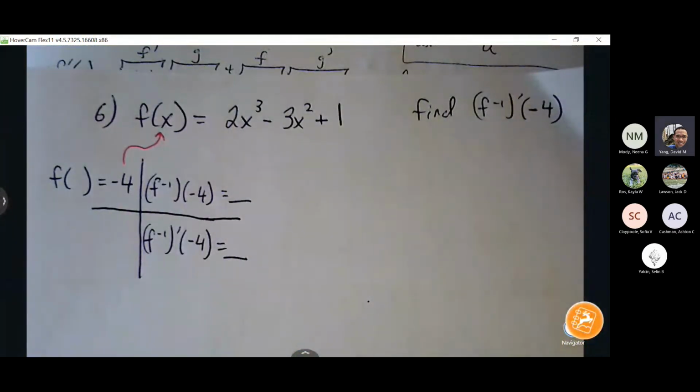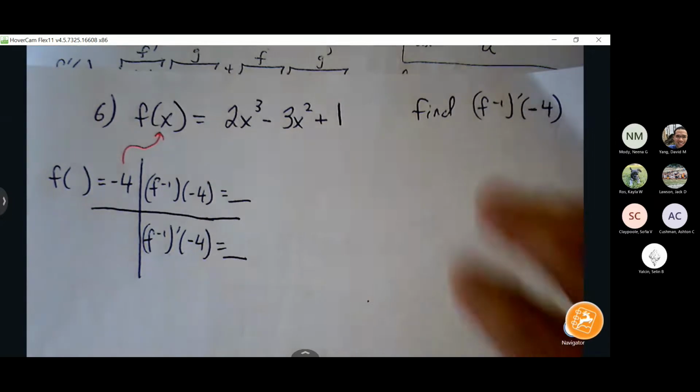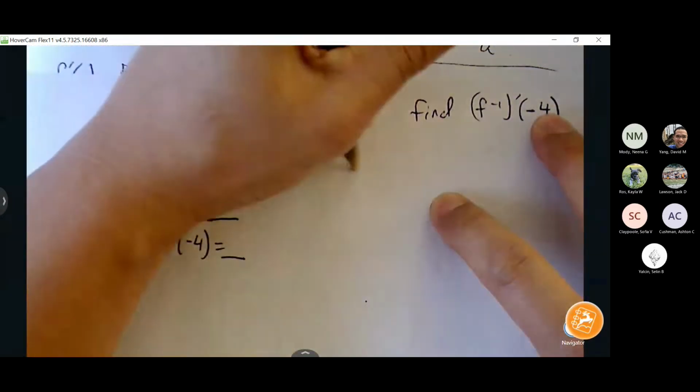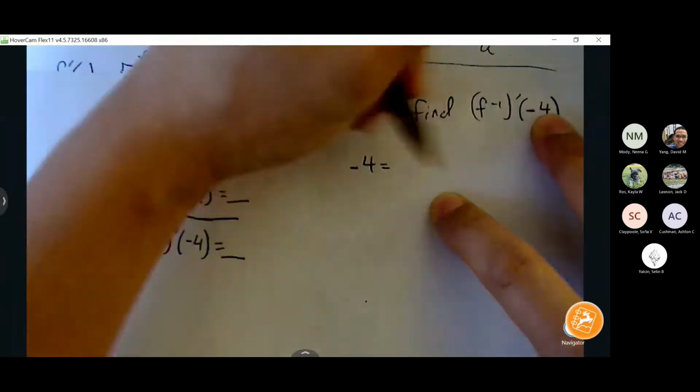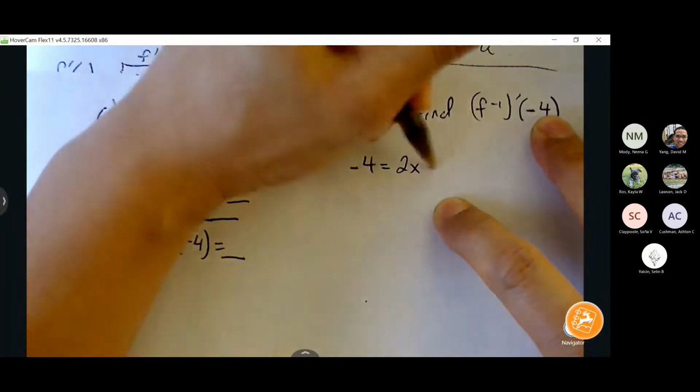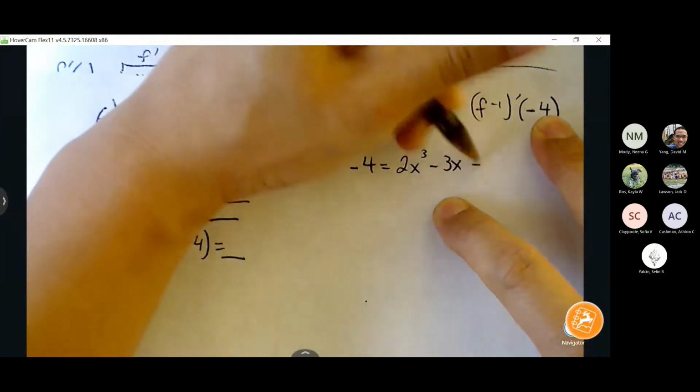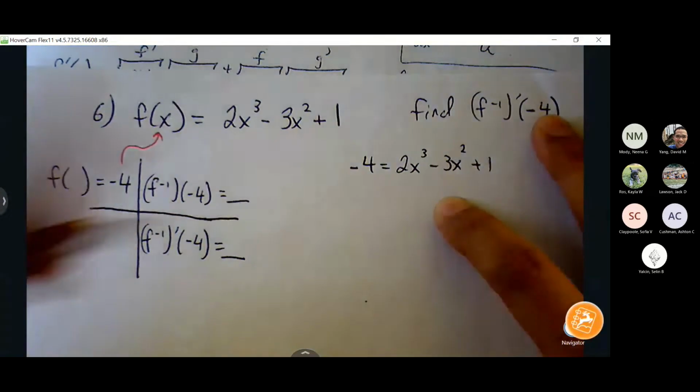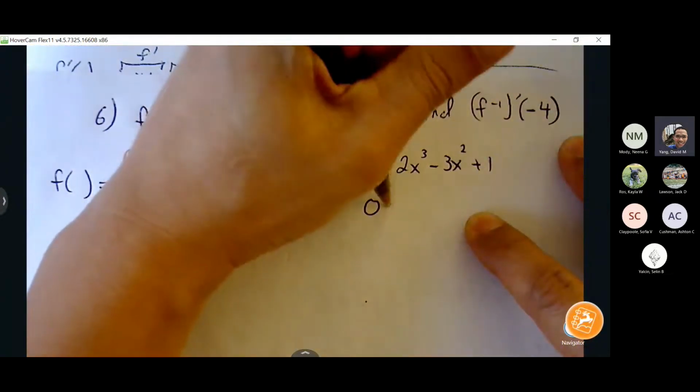Looking for the x value, you're always going to be given the y.